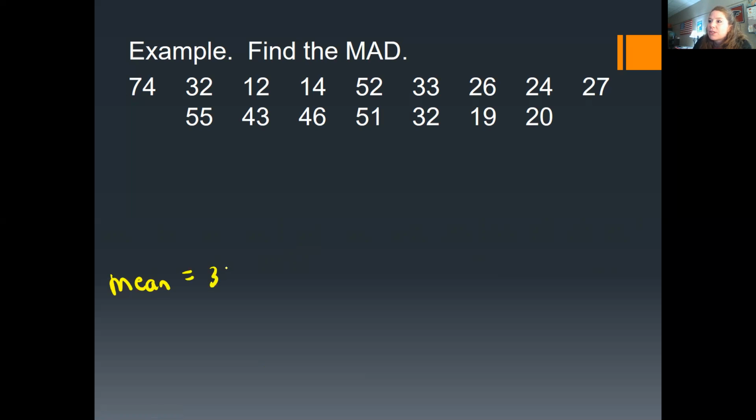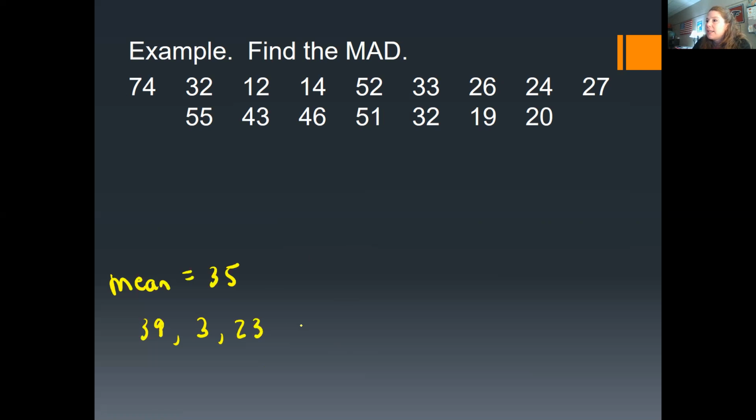Do you remember what to do now? Now we find the difference between the mean and each data value. So 74 minus 35 is 39. 35 minus 32 is 3. 35 minus 12 is 23.